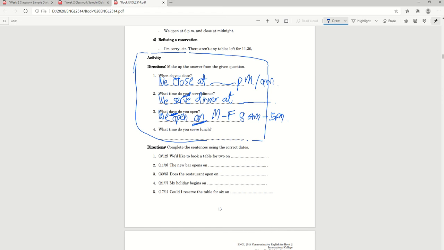What time do you serve lunch? Again, we serve lunch at, yes, okay. It can be 11 o'clock. The suitable time is 11 to 2 p.m., for example. Repeat all the question.